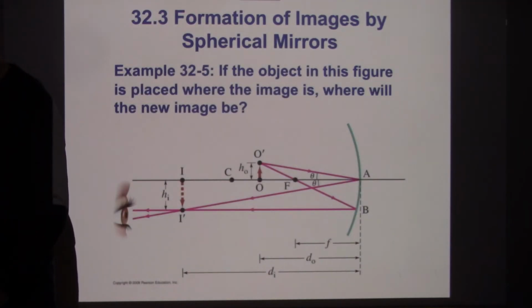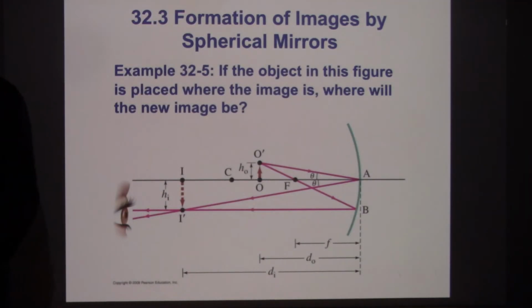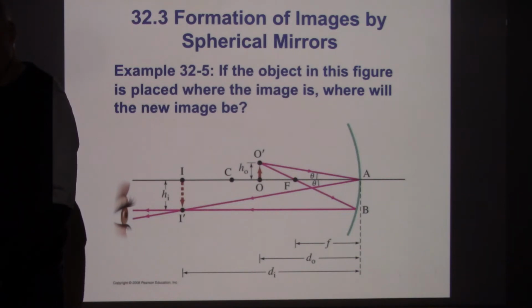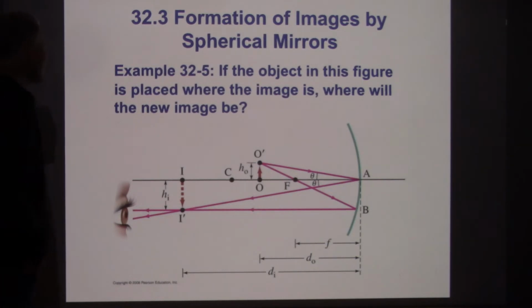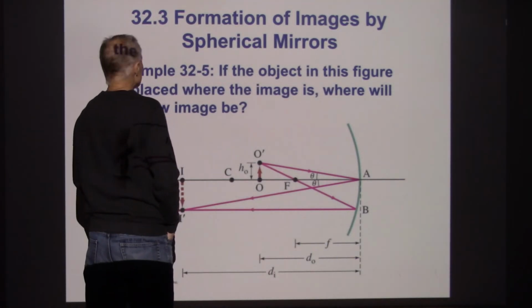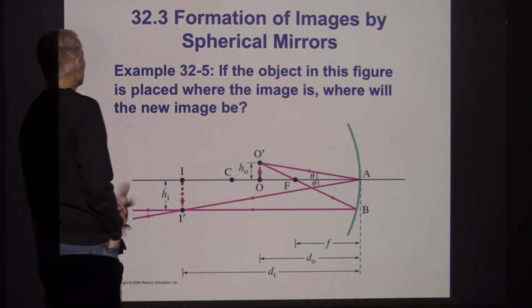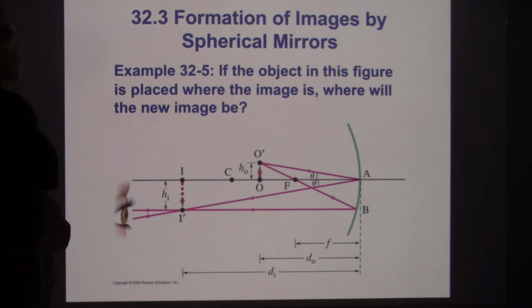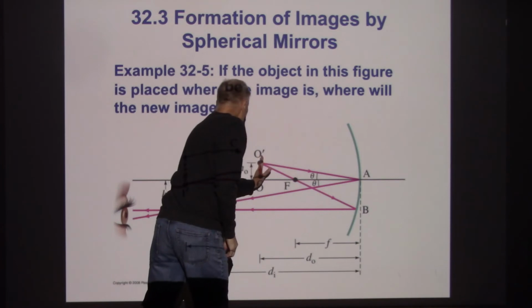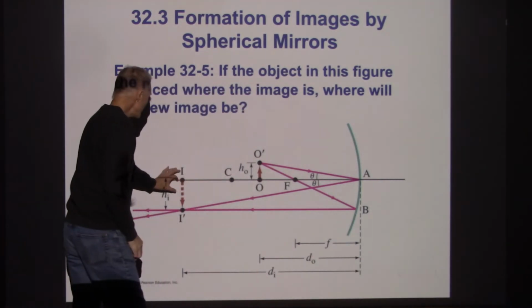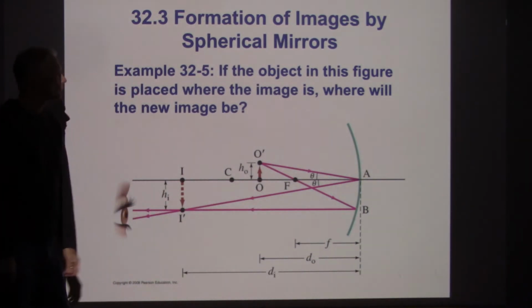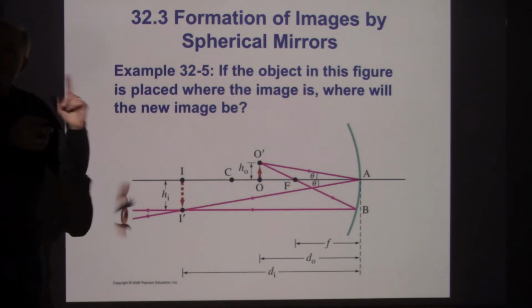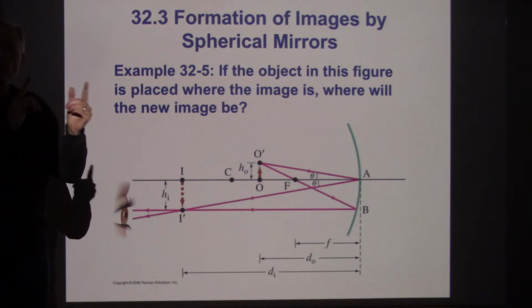What would happen now, this is just a bit different. What would happen if I take the object and I move the object to where the image is? Now, the DOs and the DIs reverse.